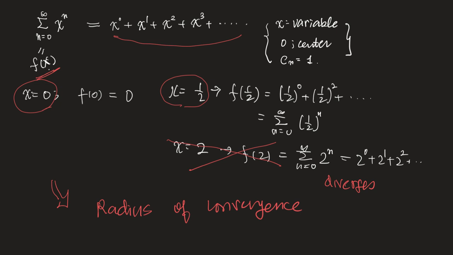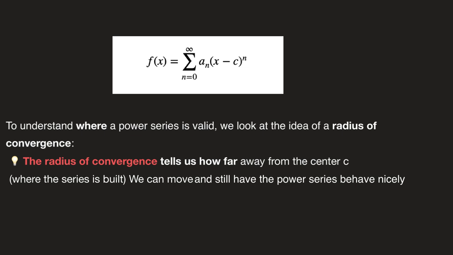So then we're going to decide which x values make this power series converge and which x values make the power series divergent, okay? In the previous slides, we talked about which x values make this power series convergent and which make it divergent.